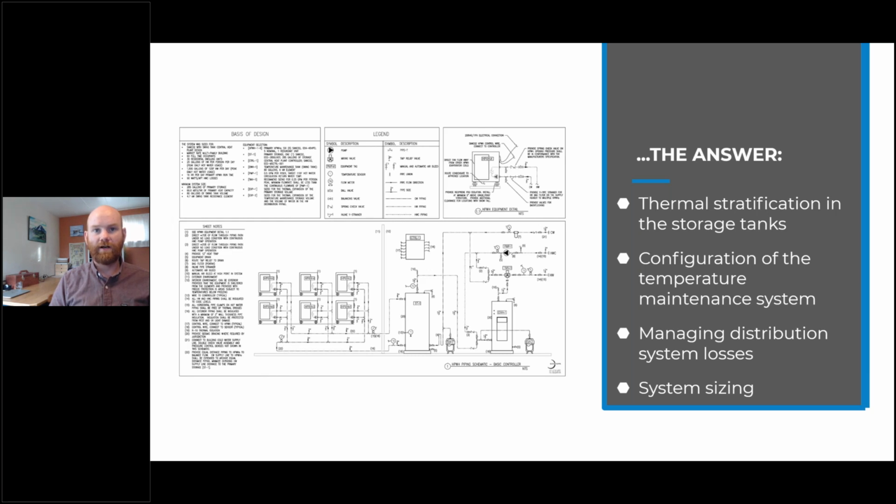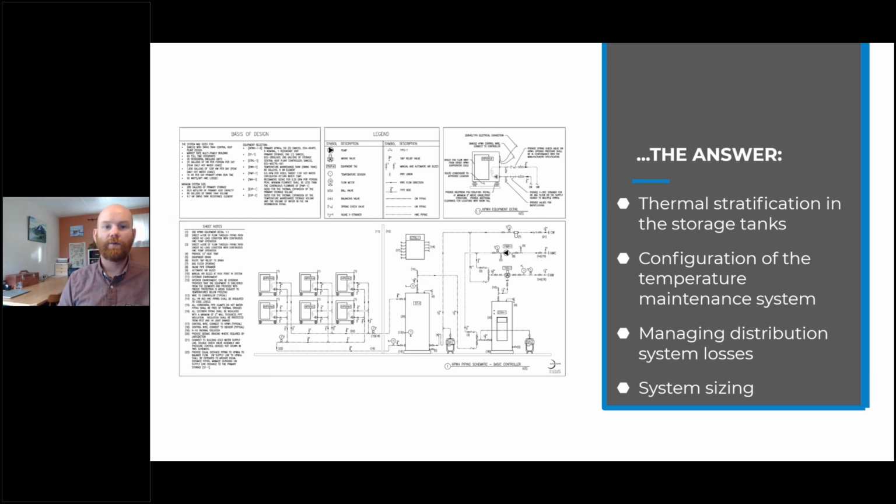And then we're going to also talk about the configuration of the temperature maintenance system. The temperature maintenance system is definitely impacting the level of thermal stratification in our storage tanks. So we can configure those temperature maintenance systems in certain ways to address that thermal stratification so it's not an issue. And we'll walk through 2 of those configurations that have proven to be very reliable and robust designs.